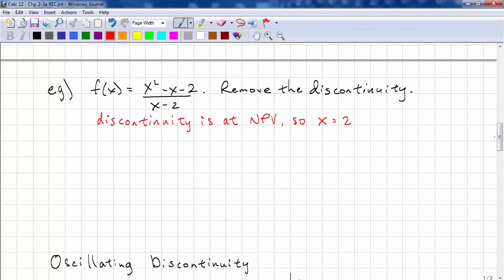So here's an example. f of x is equal to x squared minus x minus 2 all over x minus 2, and remove the point discontinuity. The discontinuity is at the non-permissible value, so x equals 2. We take the limit as x approaches 2 of f of x, and we substitute.